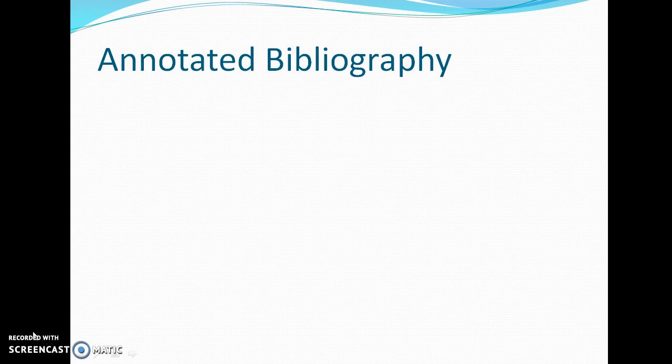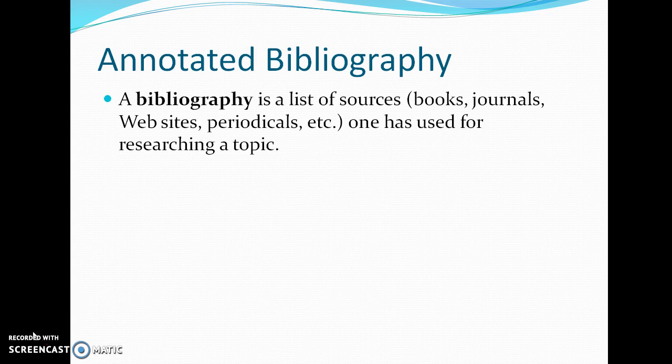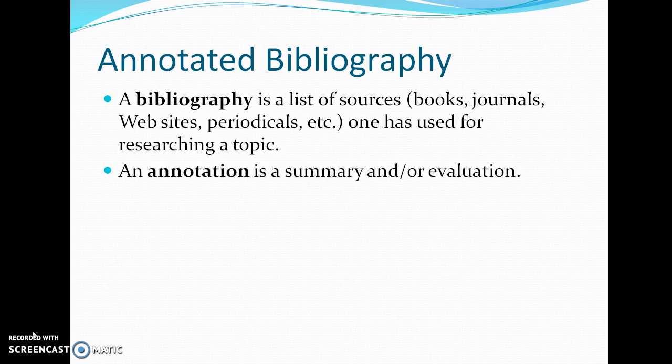As far as Friday, what I'm looking for is an annotated bibliography. Basically, a bibliography, as you know, is a list of the sources that you've used for researching a topic. Okay, so it's usually that back page of your essay, but before that, it's just a list of sources. It may be books, journals, websites, periodicals, any of those types of things that you've used in your research.